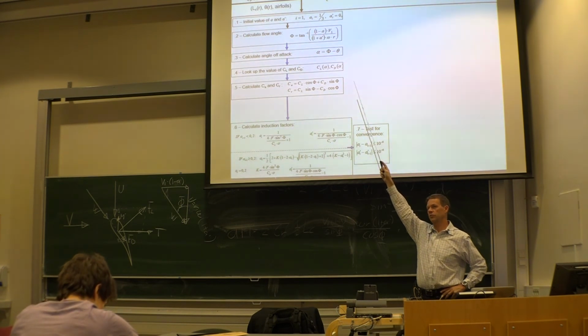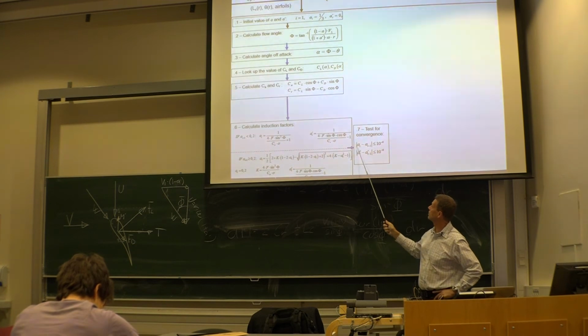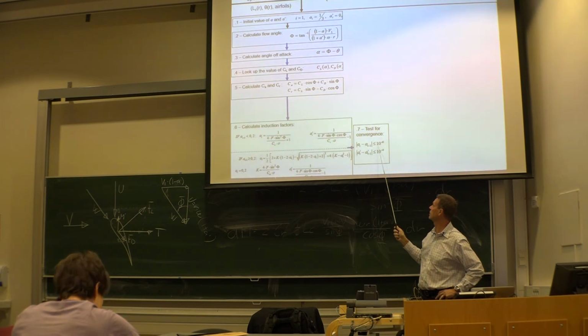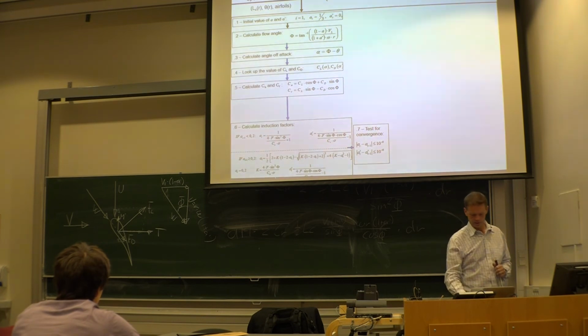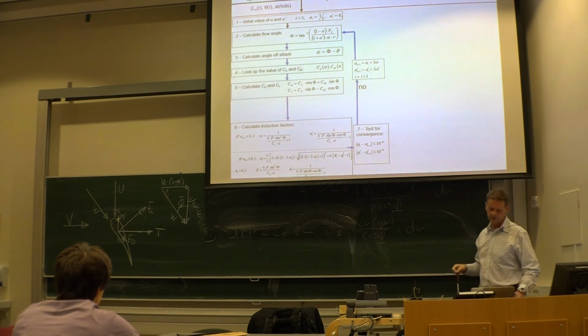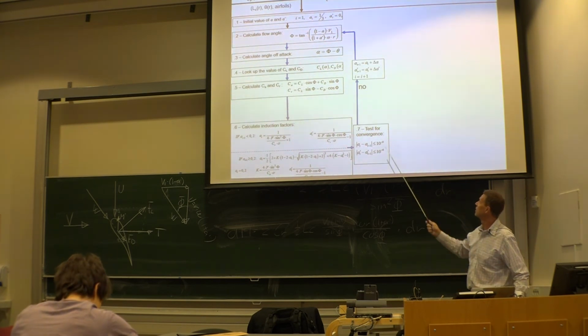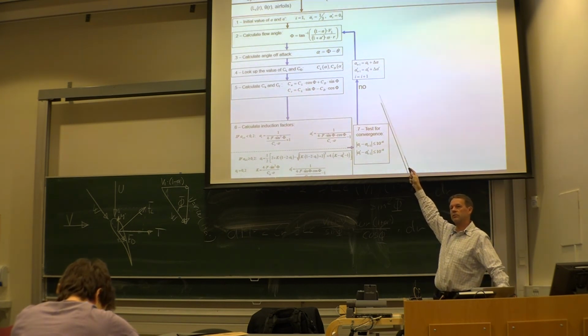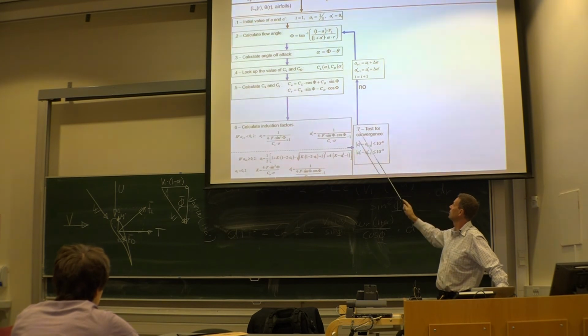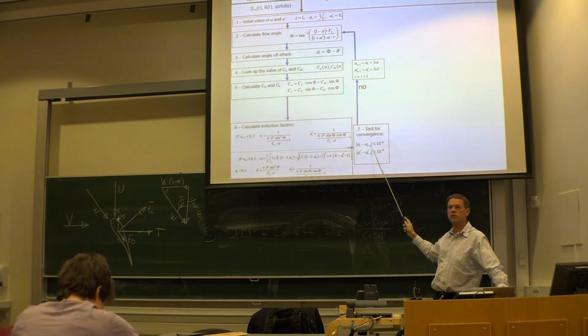Most likely, the first iteration will be far off. The difference between them should be less than 10 to the minus 6th. And if it's not, then you change the guess of the induction factors, and you iterate until you have convergence of the induction factors.